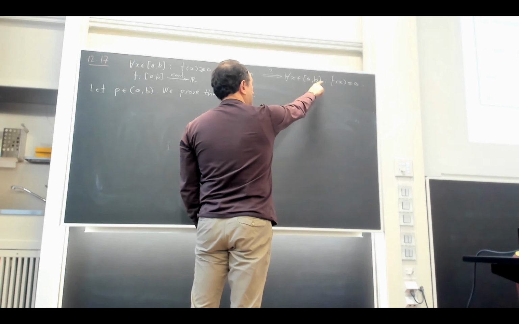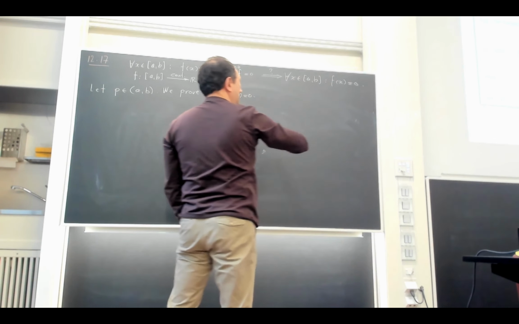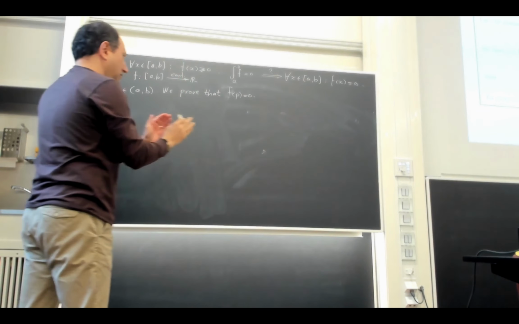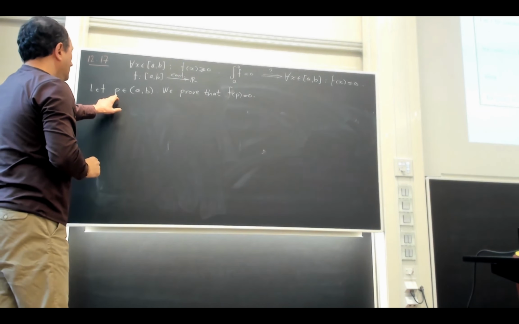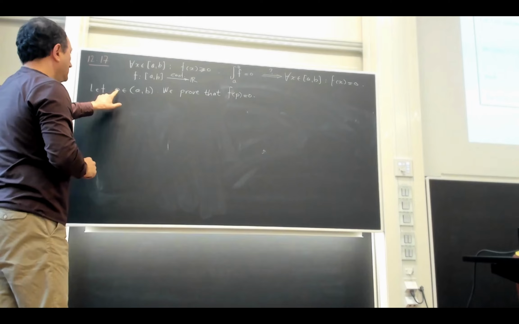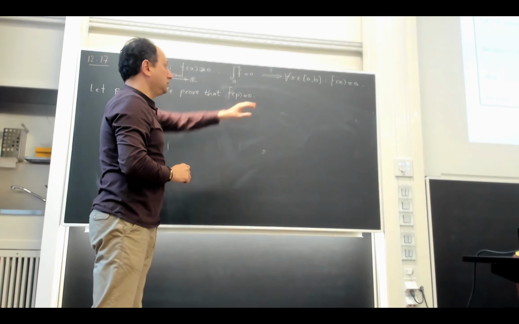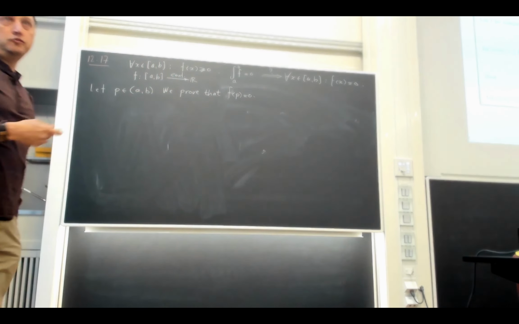I have to consider 3 cases: if x is equal to a, if x is equal to b, or if x is in the interior. So I am doing the interior one. There are infinitely many points in the interior. I want to show that whatever you choose in the interior of the interval, f of p is equal to 0. So we prove by contradiction.